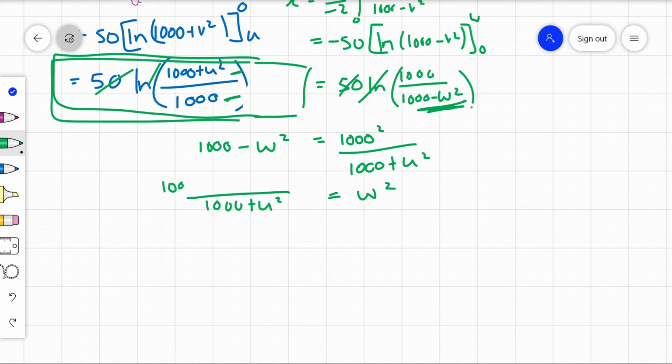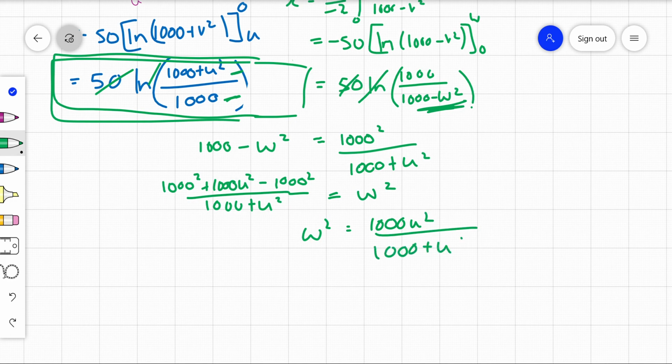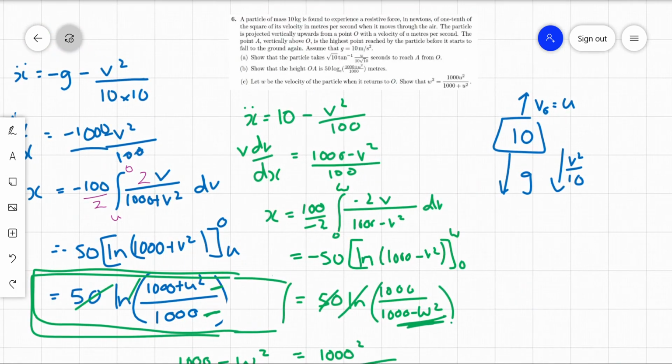To make it a common denominator, 1,000 squared plus 1,000 u squareds. And then I'm also subtracting 1,000 squared. All right, so just make sure you follow that through carefully. So what I'm getting is w squared is 1,000 u squared on 1,000 plus u squared, and we're hoping that's what we wanted. 1,000 u squared on 1,000 plus u squared. Excellent.